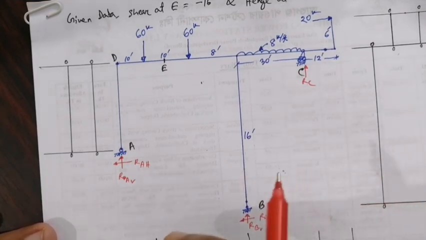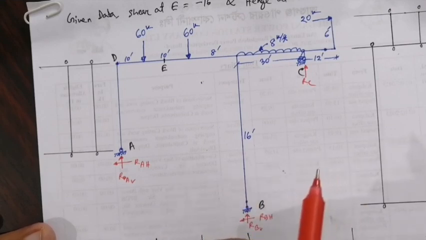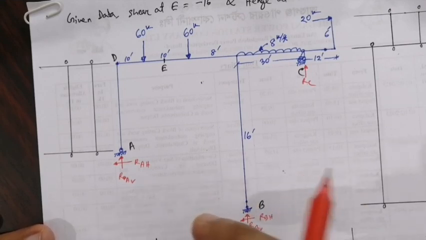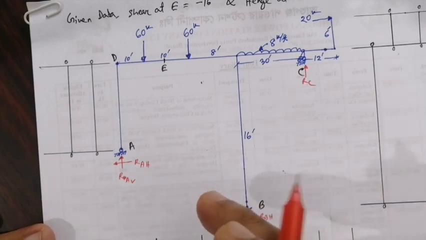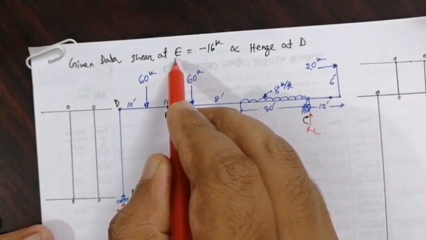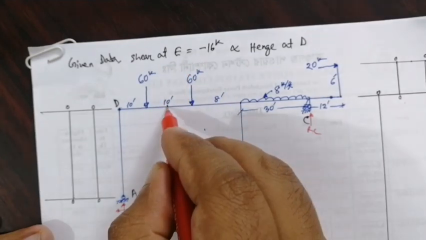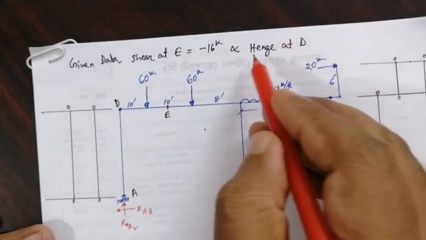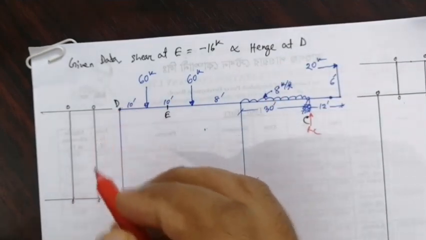So we cannot solve a statically indeterminate structure by our general calculation. For solving this, there are two conditions. One is the shear at E equal to minus 16 kip. This point's shear is given. Another condition is a hinge at D, that means this point is a hinge point.